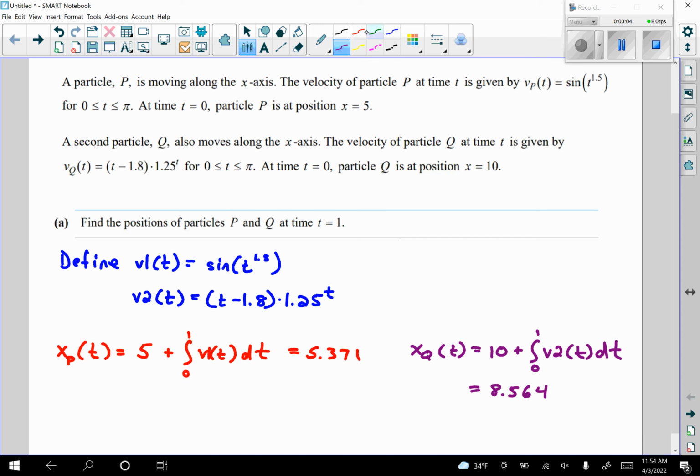So you get 1 point total for the two integrals, 1 point for each final answer. And it wouldn't hurt to just write this out as well, so you could just kind of summarize and say at time t equals 1, the position of particle P is 5.371 and Q is 8.564. So there's 3 points just for part A. Let's take a look at B.